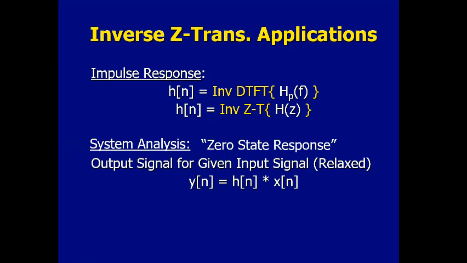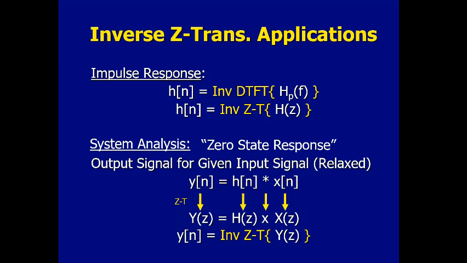And we'll do that by effectively doing convolution, but doing it in the transform domain, in this case the Z transform domain, because in the transform domain that convolution becomes simply multiplication. And so we can take our transfer function that we can easily find from the difference equation, multiply it by the Z transform of the input. That gives us the Z transform of the output. But then we need to do an inverse Z transform to get back to the time domain where the answer lies that we really want.